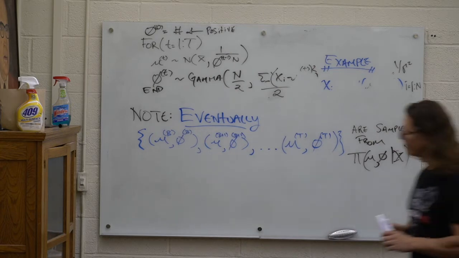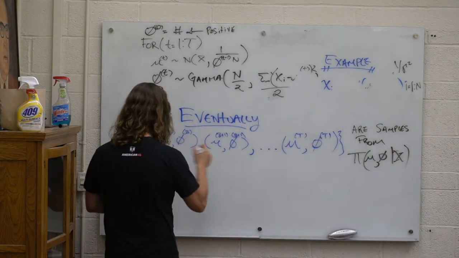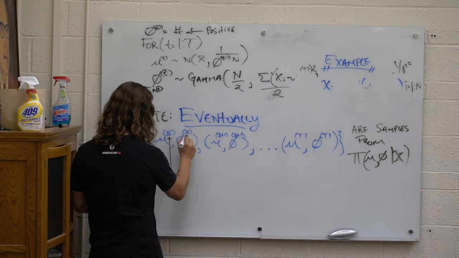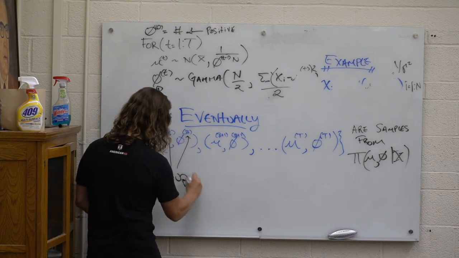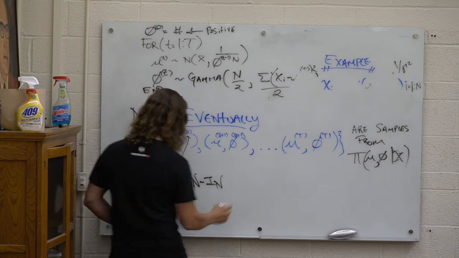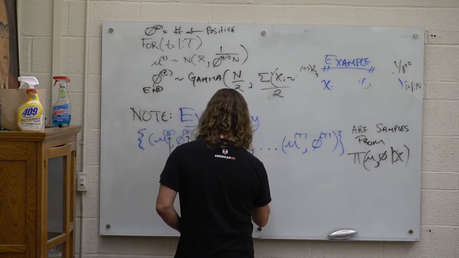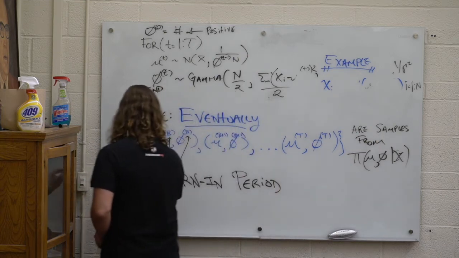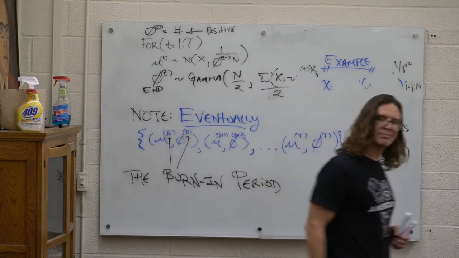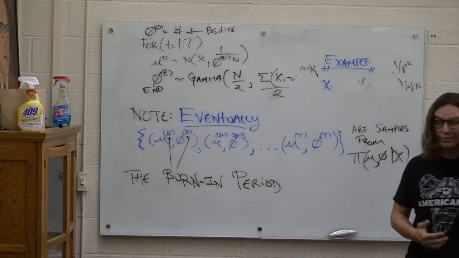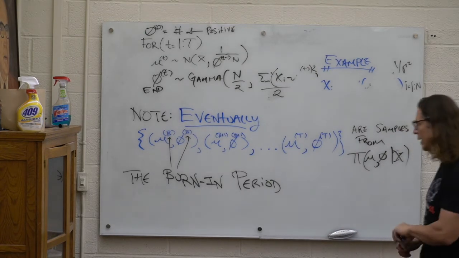So this is called the burn-in period. So this right here is called burn-in. So whatever that number is, you have to monitor some diagnostics and look at these Markov chains running.